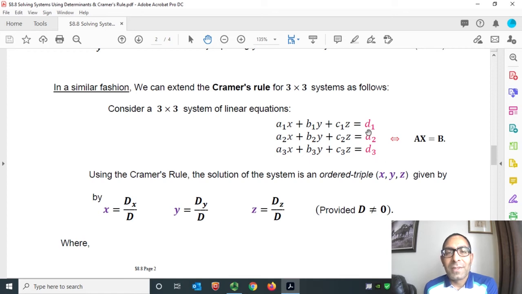Next, we can easily convert this 3 by 3 system into a matrix equation of the form Ax equals B, where A is the coefficient matrix, X is the variable matrix whose entries are little x, little y, little z, and B is the constant matrix whose entries are d1, d2, d3.